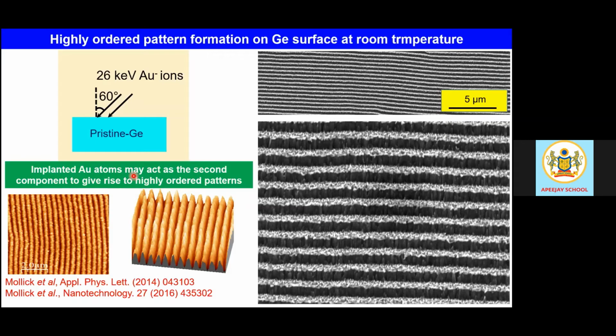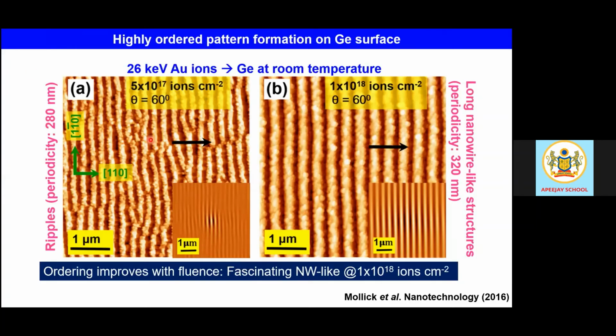This happens because of the change in the composition of the near surface region of this material, due to the implantation of gold and the fact that it becomes a resident atom in the near surface region, which we'll show through different examples. Now, this happens at a relatively lower fluence compared to those low energy ions, 5 into 10 to the power 17 ions per square centimeter.